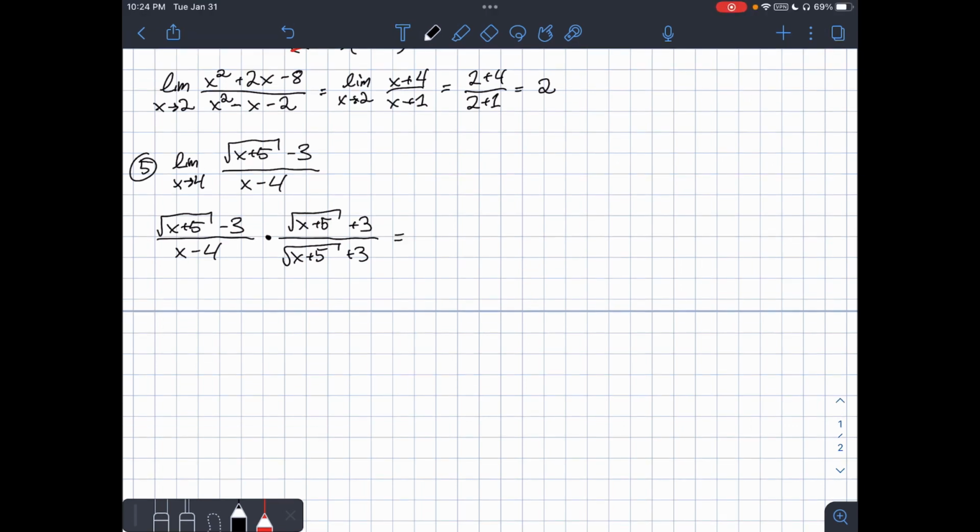Let's go ahead and do the foiling. x plus 5 minus 9. And you can see that's going to be x minus 4, so we'll leave the denominator in this form.